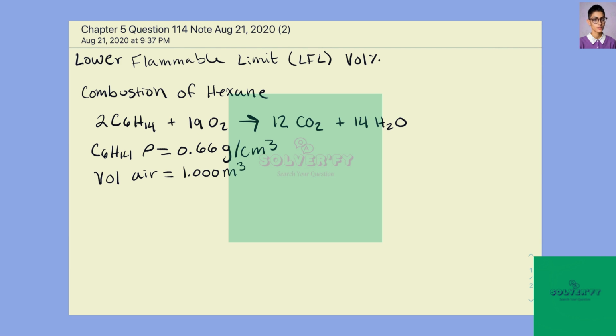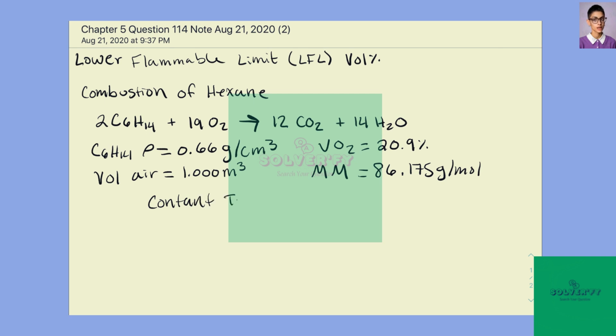And they also tell us that the volume of O2 in our air sample is 20.9%. And we know that the molar mass of hexane is 86.175 grams per mole.